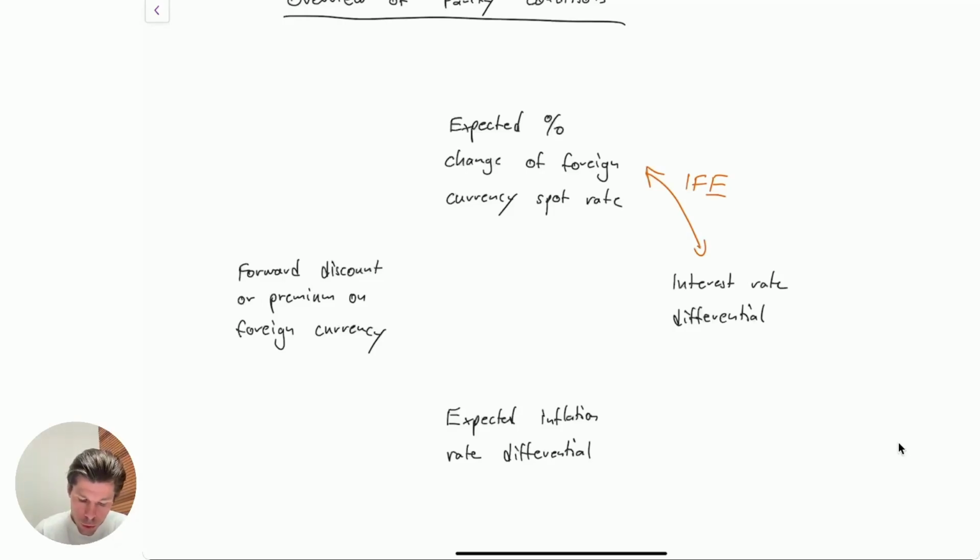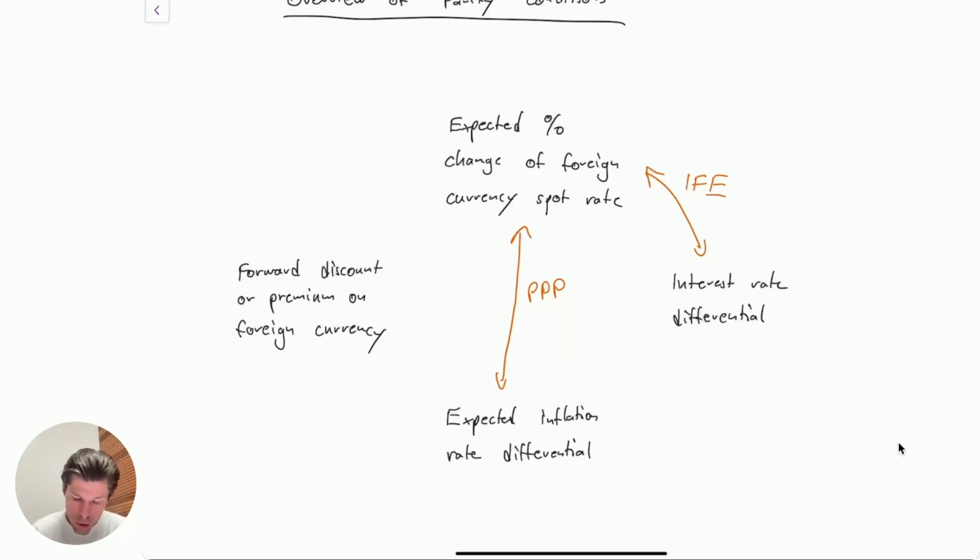What we also want to do is we look at inflation. If we know that one country has higher inflation than another country, it gives us another indication on what the future expected spot rate should be. Here we are using purchasing power parity, absolute or relative.